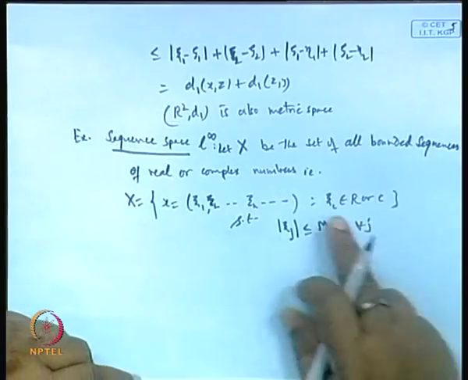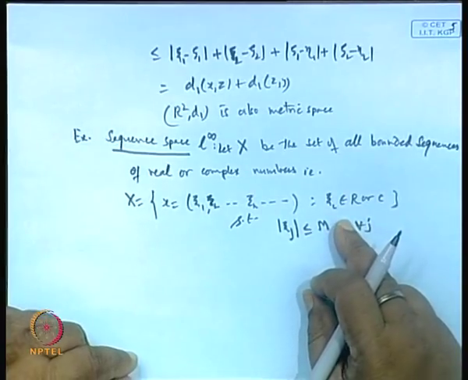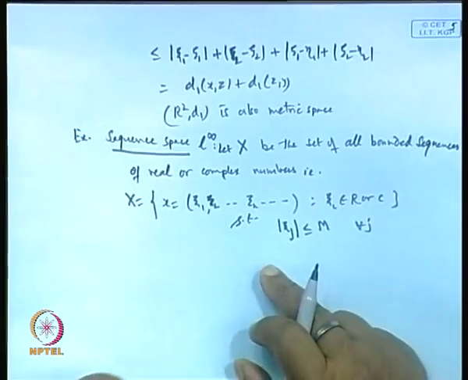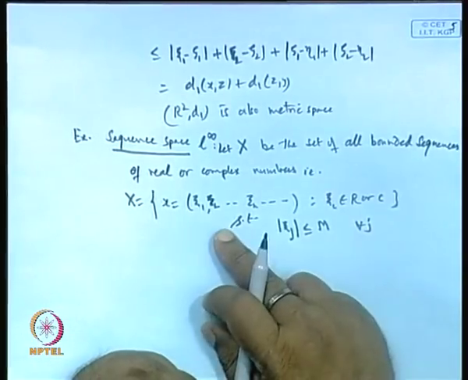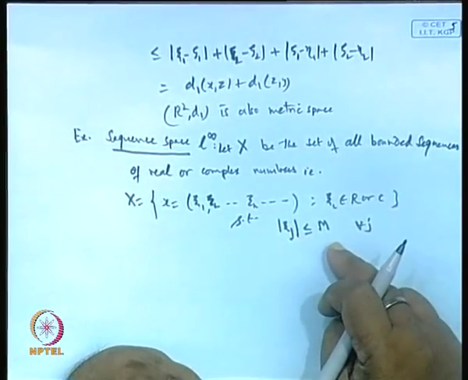That is the set of all infinite sequences which are bounded, that is, each element of the sequence is less than or equal to m.